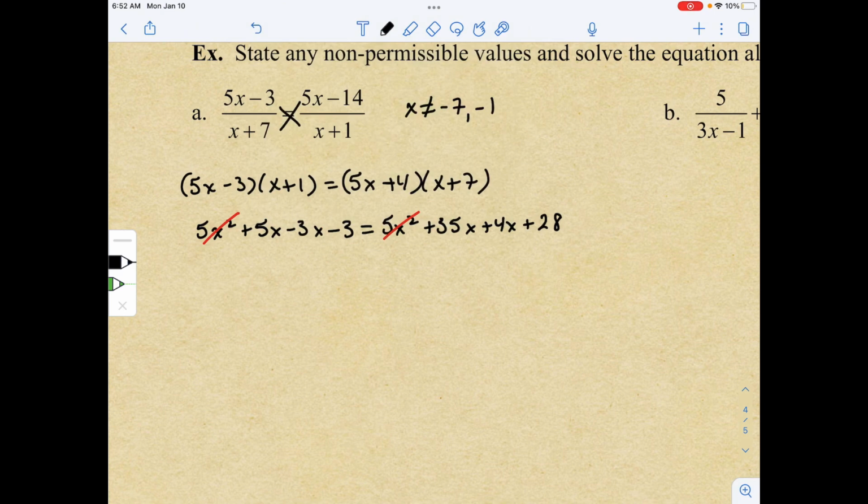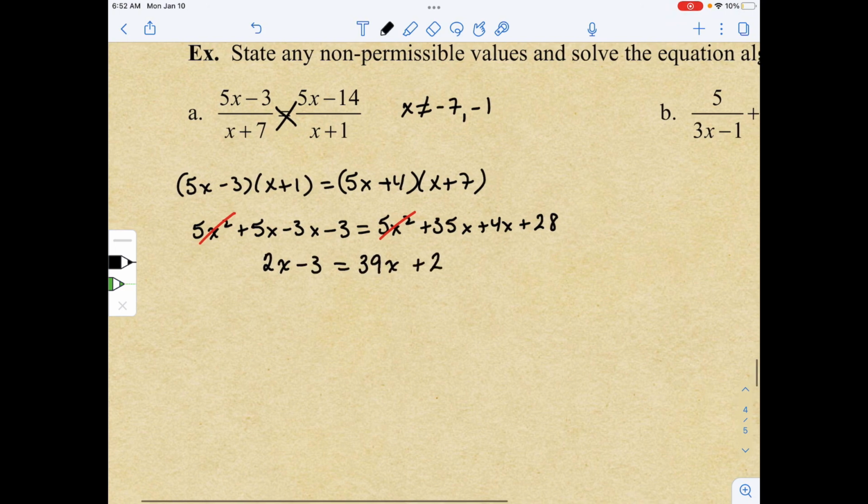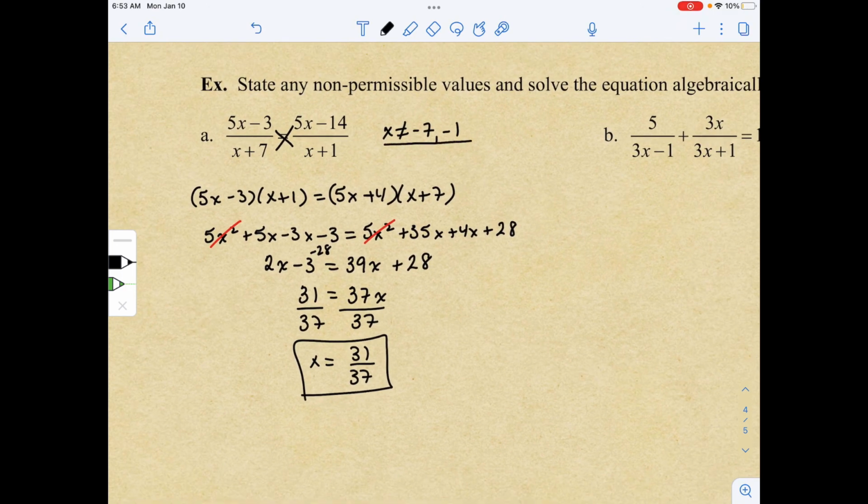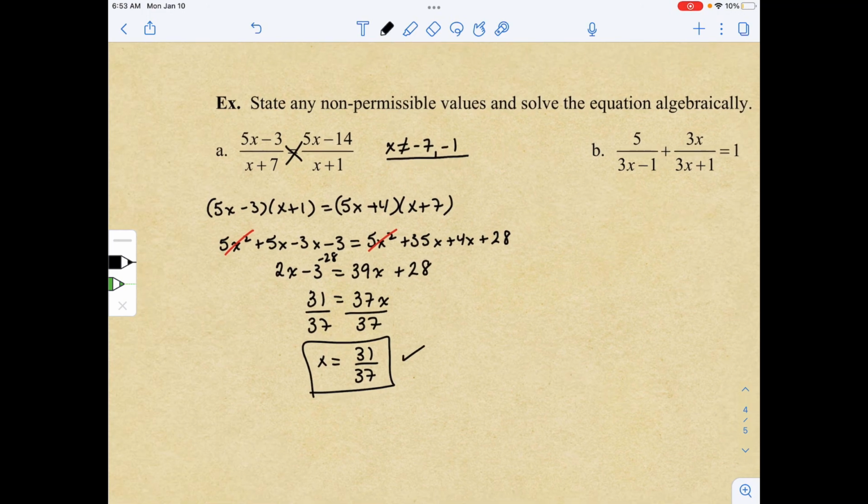And now let's simplify our x's. We've got 2x minus 3 equals 39x plus 28. And so I believe we end up with 37x is equal to, subtract 28, 31. So x should be 31 over 37. I'm just going to double check with my NPVs and make sure that that is not an NPV solution. Which it is not, so that should be the correct answer.